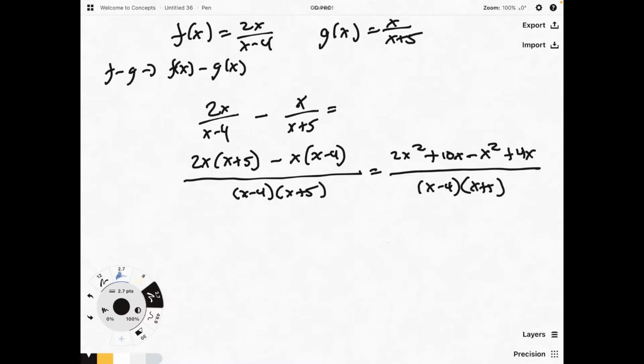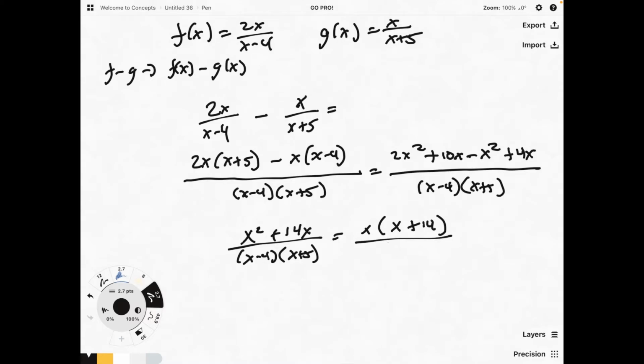Further simplifying, we're going to get x squared plus 14x, and we still have the x minus 4 and the x plus 5. We can take out the x because that is a common factor in the numerator. That's going to leave us with an x multiplied by x plus 14.